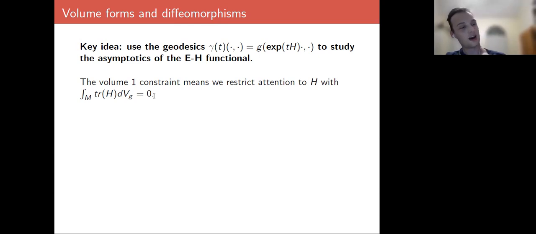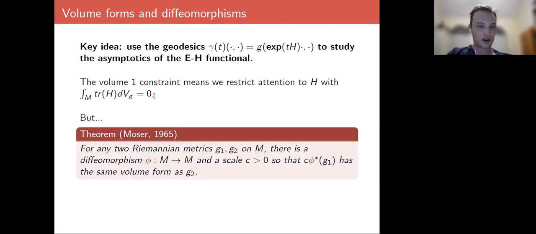Now, what I find very exciting is that you don't actually have to stop here. There's a result that goes back to Moser in the 60s, which basically says that in addition to assuming that trace of H equals 0 in the integral sense, you can actually assume that trace of H is equal to 0 uniformly. The reason is that you can always prescribe the volume form of a Riemannian metric. So what do I mean by that?